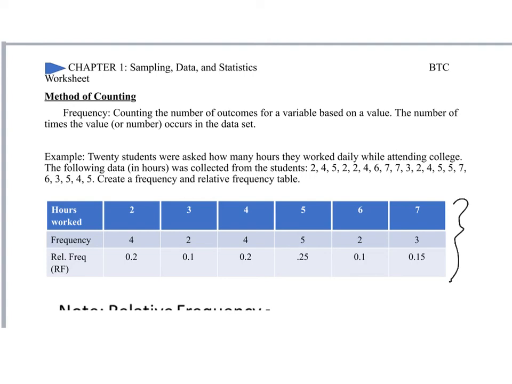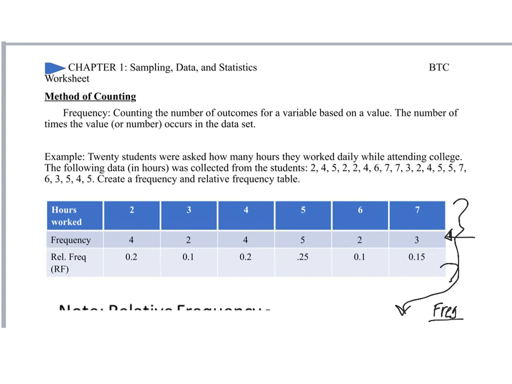And the frequencies were shown here in this particular example where we counted the number. So there were 4 2s, there were 2 3s, there were 4 4s, there were 5 5s, there were 2 6s, and 3 7s.